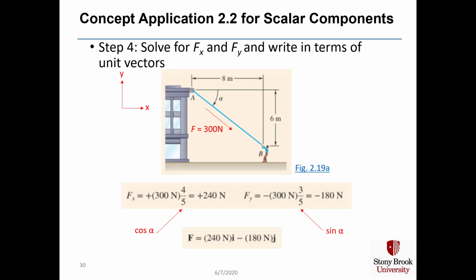And therefore, force F, shown in bold at the bottom, is equal to F sub x in italics, which is 240 newtons times i, minus 180 newtons, which is F sub y in italics, times j.